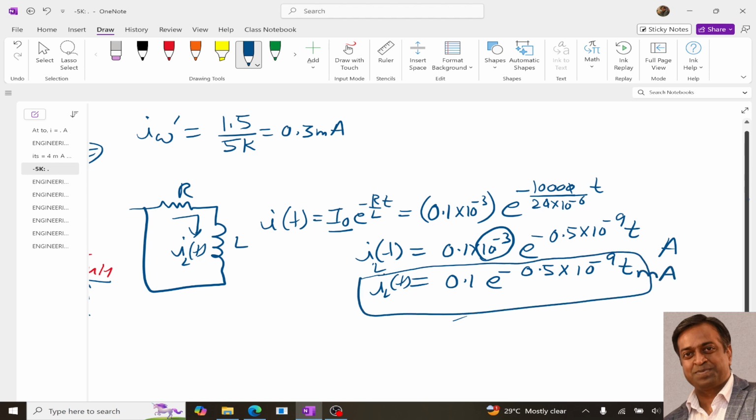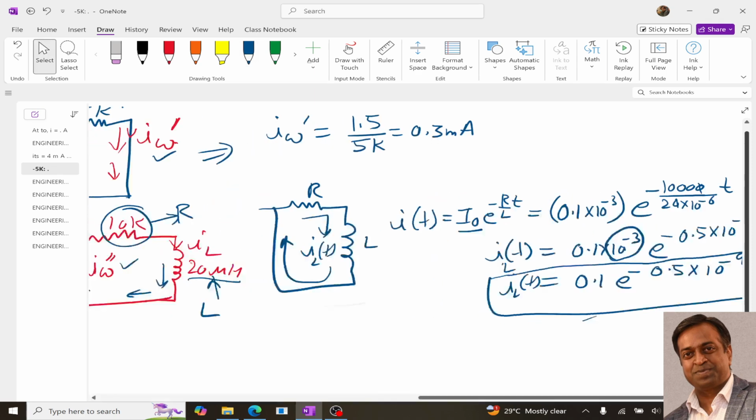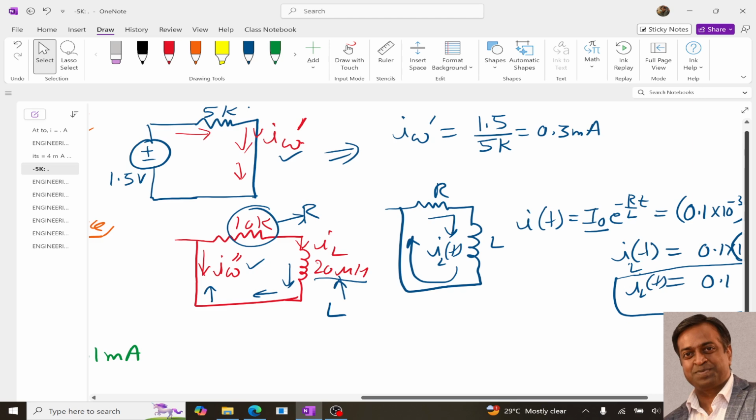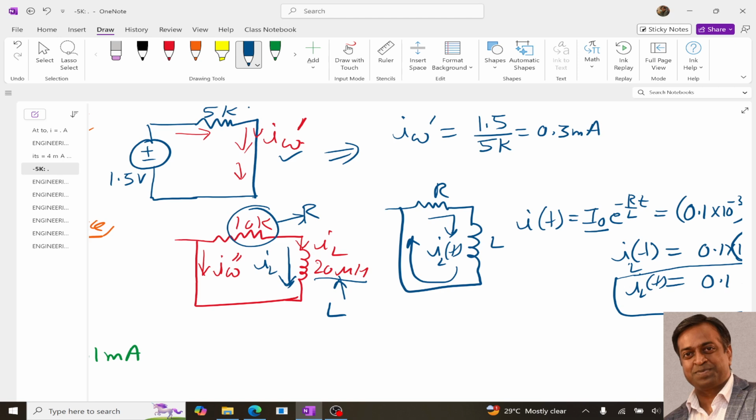Now over here, this is the same current that is flowing over here. If this current is IL(t), then because the direction of IW double dash and IL(t) are different, IW double dash will be equal to minus of IL(t).